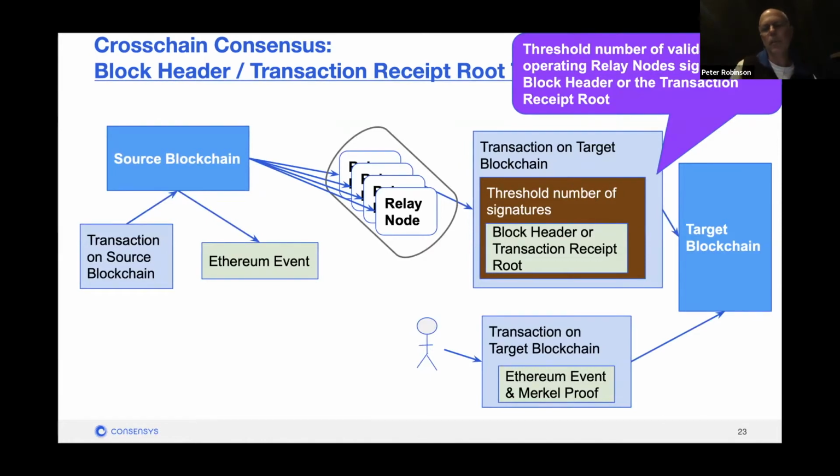They actually look for the block header, and when they feel that a block's final, they then create a threshold signed block header, which they then submit to the target blockchain. And then any user can submit the event along with a Merkle proof to the target blockchain, and then the event will be trusted because the block header is trusted.